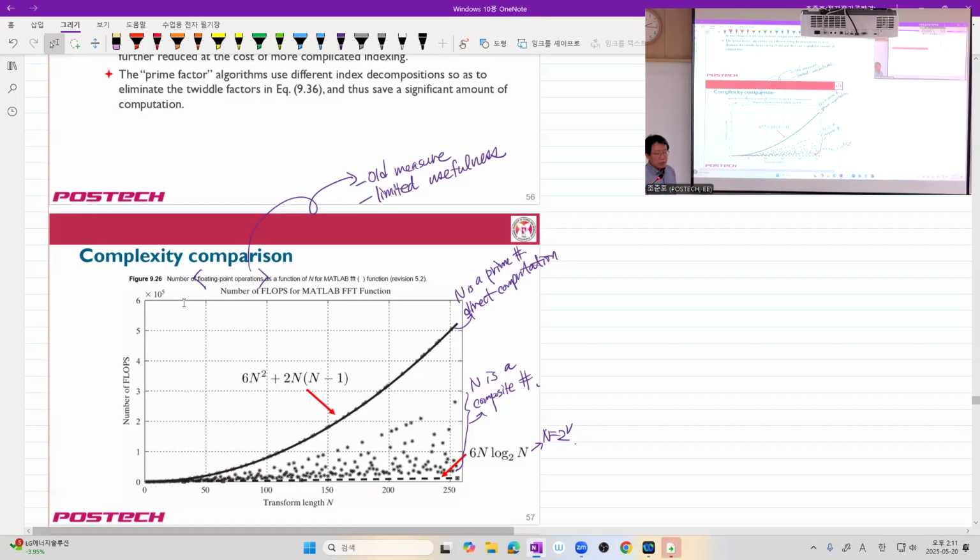And I don't know exactly why they almost abandoned this metric. But anyway, here goes the curve that is quadratic, in N squared. And they say that the points lying on this line are the cases where the number of points is a prime number.